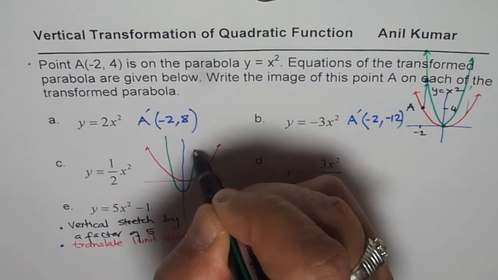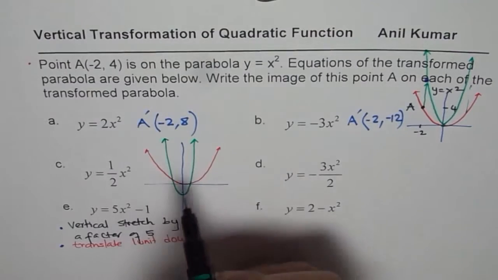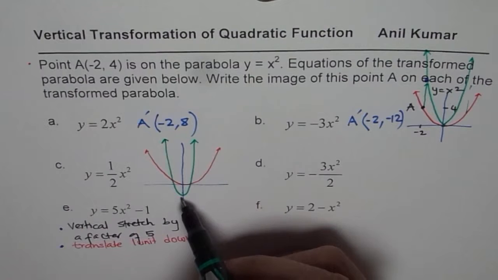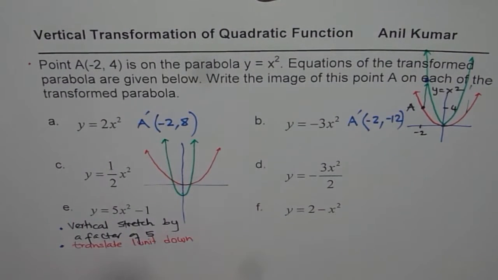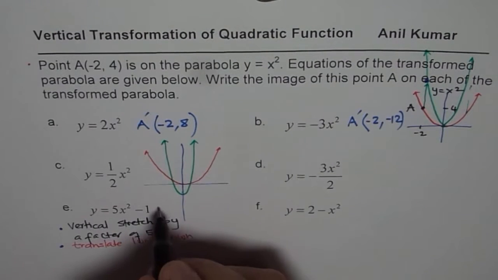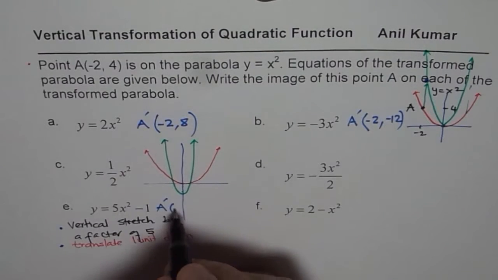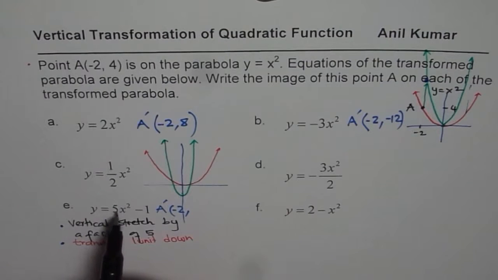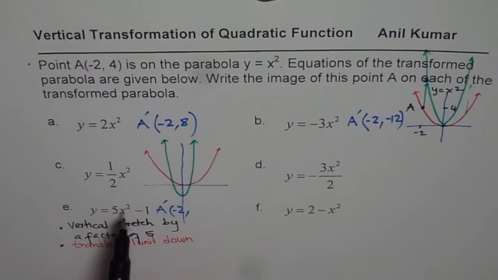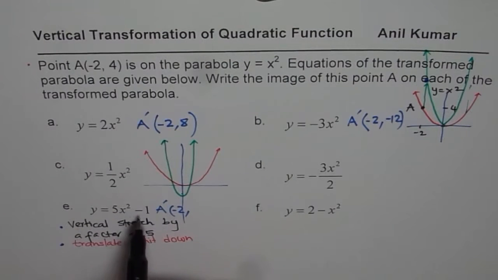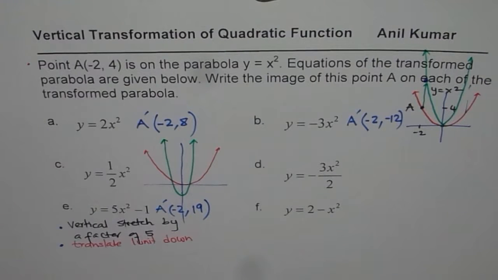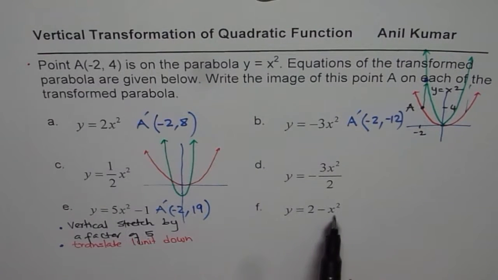Do you see that? The point which we are talking about will get stretched and then moved down. So there are 2 operations being performed. However, the x value remains the same. So in this case, A prime will be: x value will still be minus 2, but the y value will get multiplied by 5, and then take away 1. Do you understand? So 5 times 4 is 20. 20 take away 1 is 19. So we'll get 19 as the y value. Apply this method and get the answer for the second one.